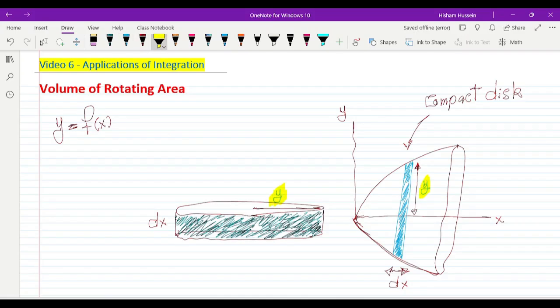Now to find the volume of this cross-sectional element, the element of volume dV equals, we know that the volume is pi r squared times h. The radius here is y, so it is pi y squared times the thickness dx.